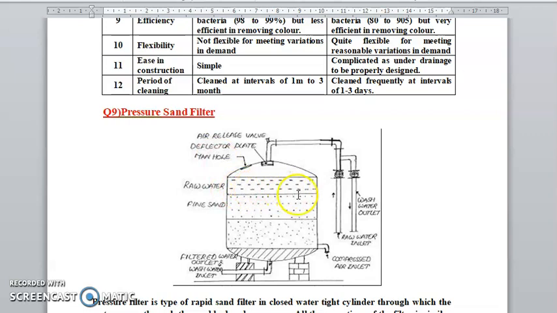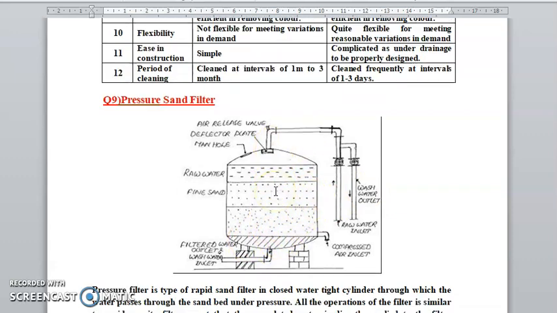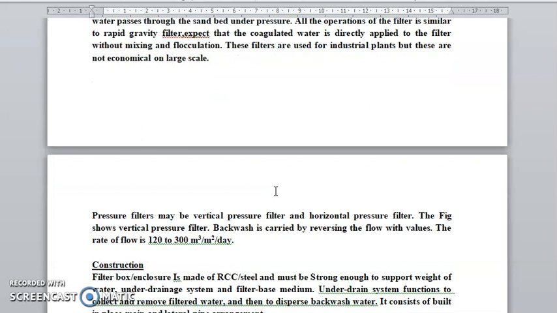Here again: raw water, fine sand, coarse sand, coarse aggregate, the air valve and the manhole. This is the pressure filter, and it is compact nowadays.